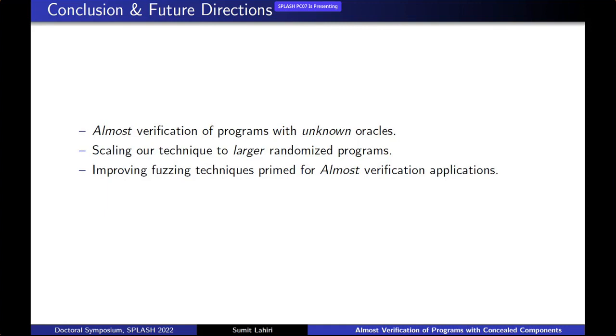There we found that even with a small timeout for the fuzzer, it was able to find the counterexample for a given invariant. However, we did find programs where the 10-second timeout did not work, where we had an invariant from the fuzzer but later saw that the invariant is actually wrong. So that's where the almost part comes in.